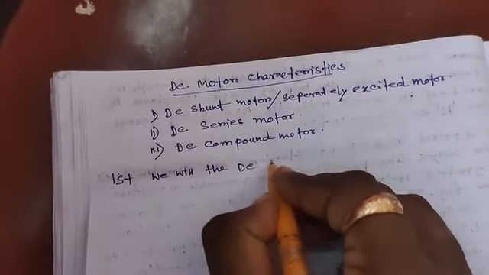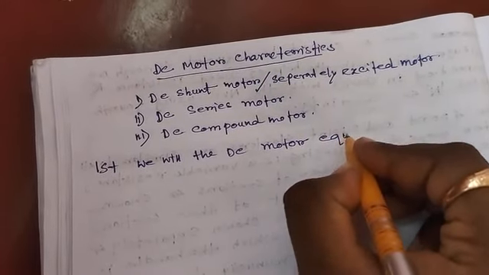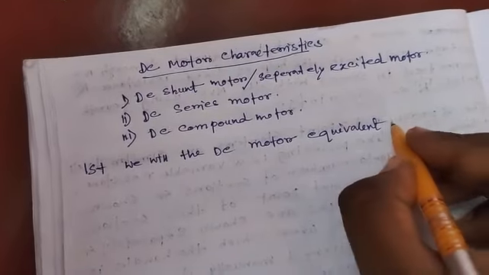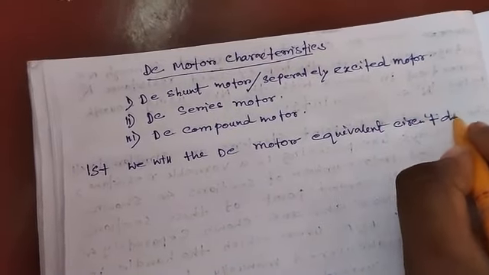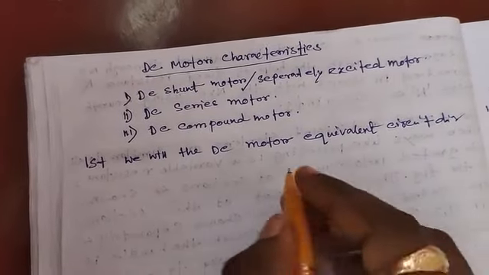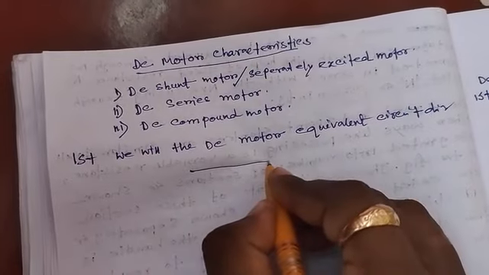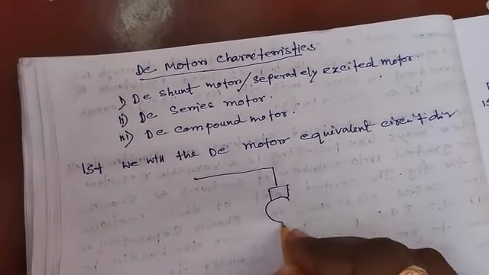the DC motor equivalent circuit diagram. This is the armature, the rotating part.